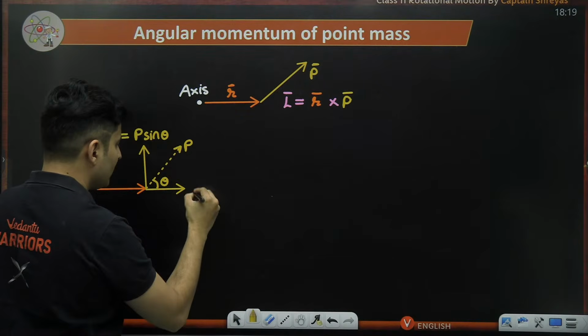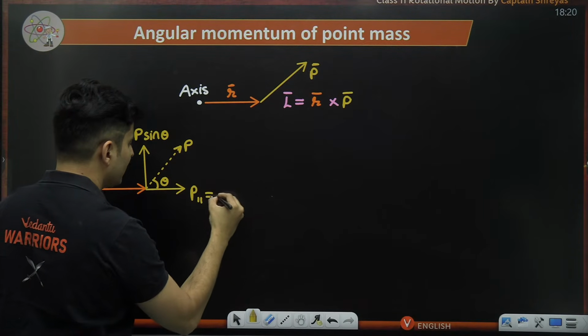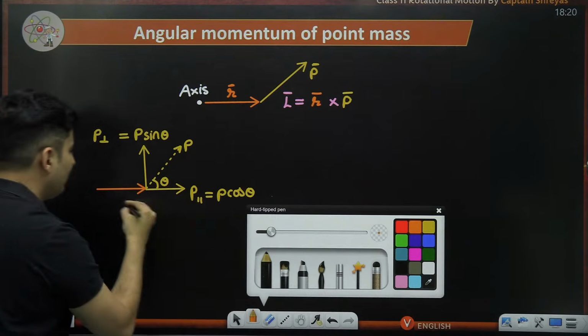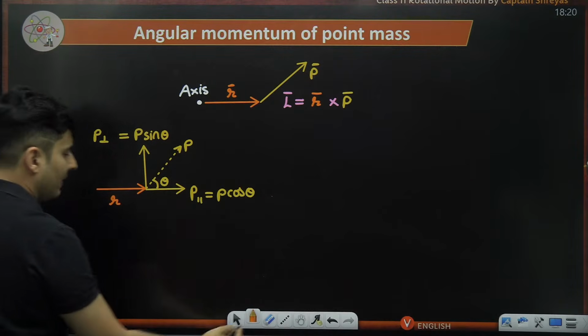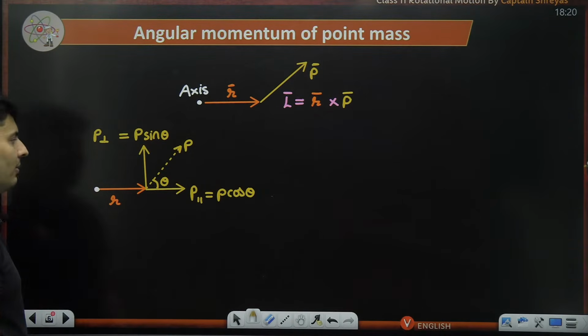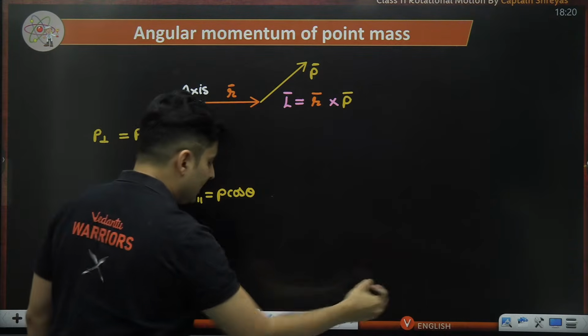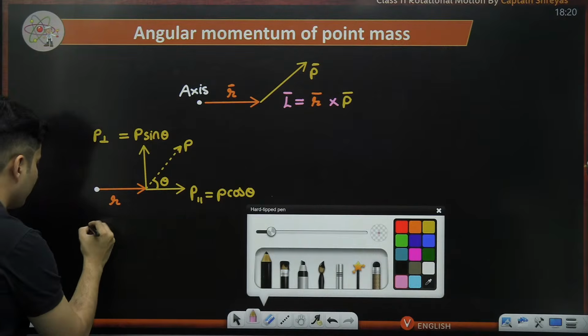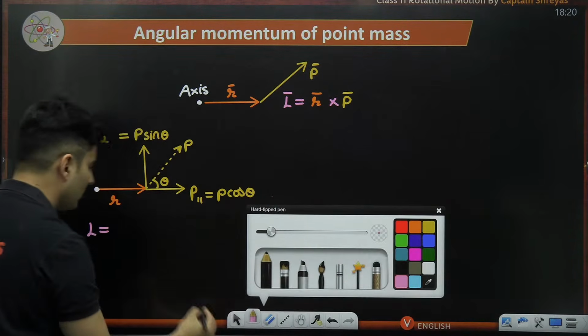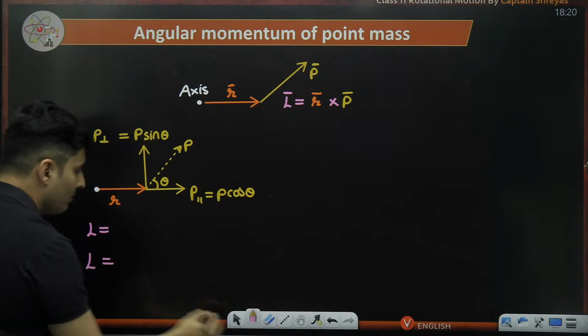Ignore that. This is P parallel, which is P cos theta. Why is it parallel? Because it is parallel to the position vector. Our axis is still over here. Then we can just write the magnitude of the angular momentum as, observe this carefully, very, very important.